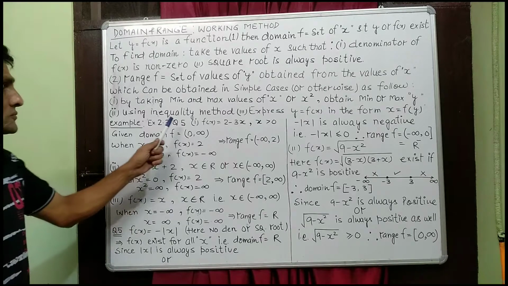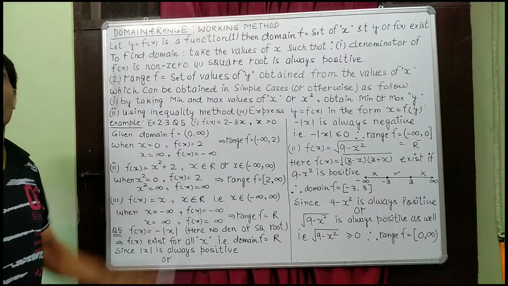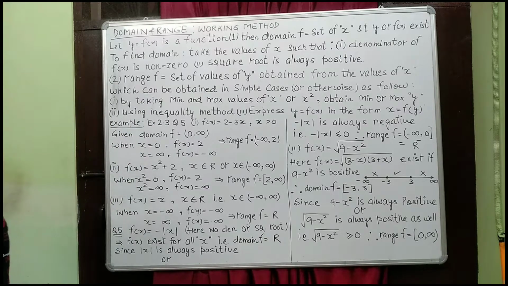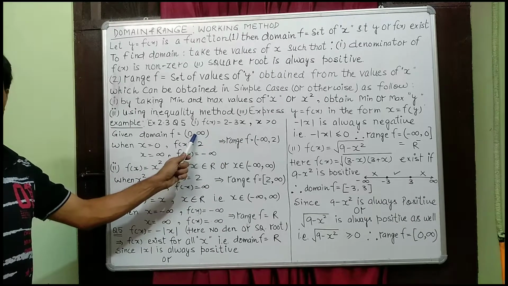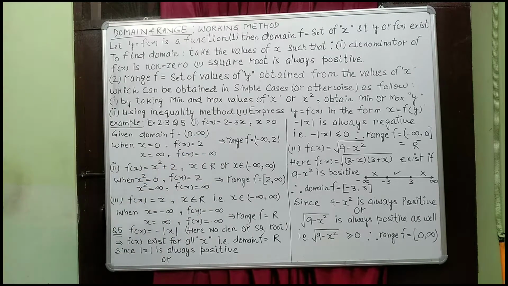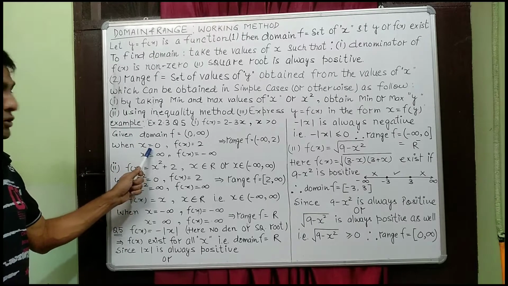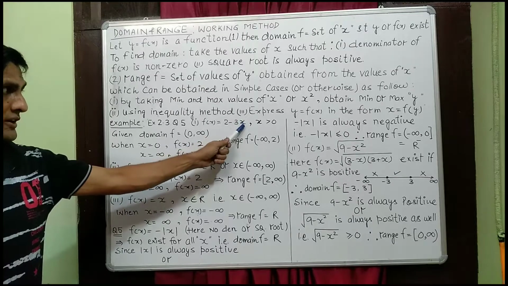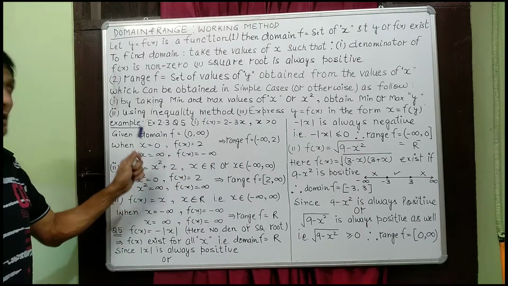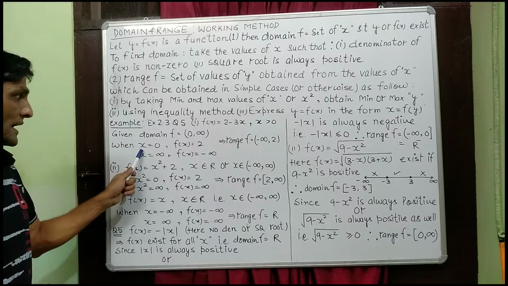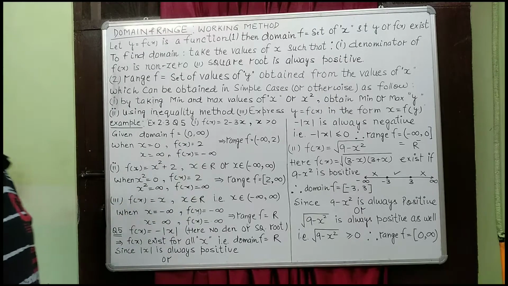Now, by the first method we are going to find the values of y, that is, the range of the function. From the domain, the minimum value of x is 0 and the maximum value of x is infinity. When x is 0, f(x) is equal to 2. But remember, because x = 0 is not included, the value of y is also not included.